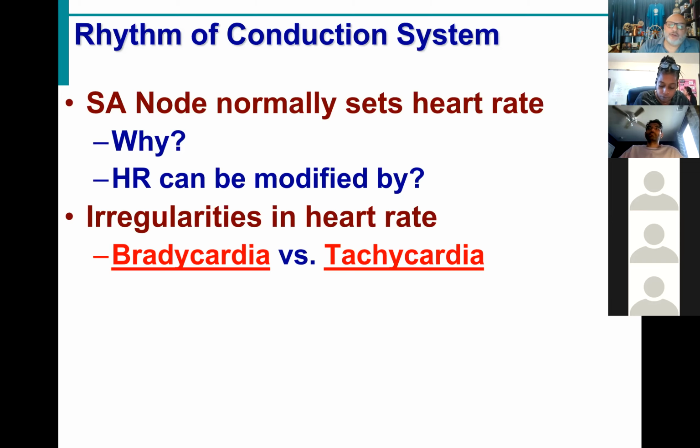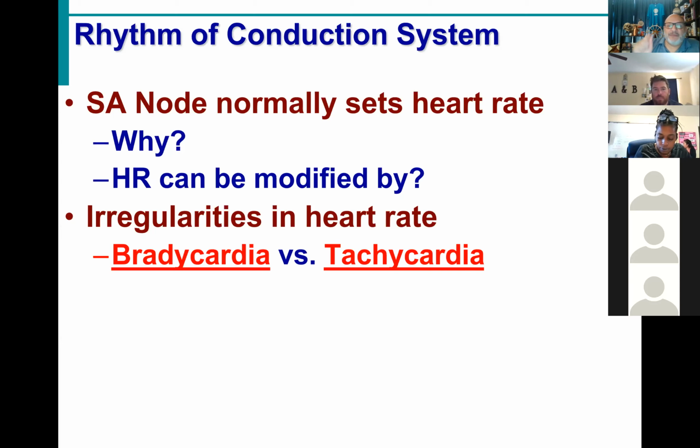Obviously, when we talk about irregularities of a heart rate, tachycardia is a higher than expected rate. And of course, bradycardia is what? Lower. Slower. Lower than expected. But you can't just limit that to a number. It's really higher than or lower than expected based on the activity.